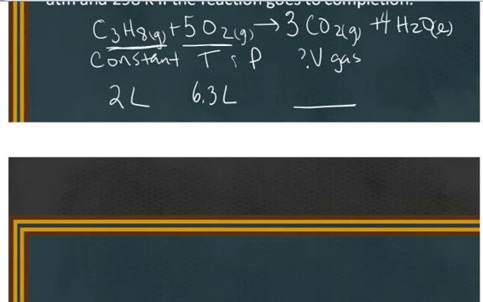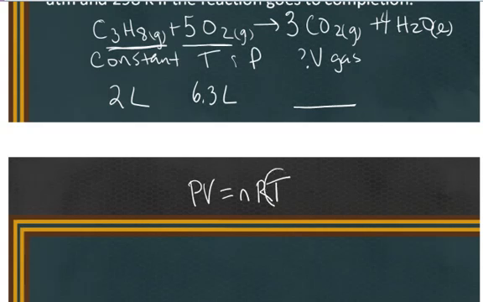Before we do that, I want you to recognize something: because the pressure and temperature are constant, and we're assuming the gases behave ideally, the equation of state is PV equals nRT.